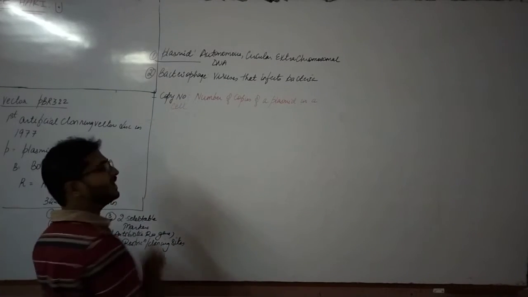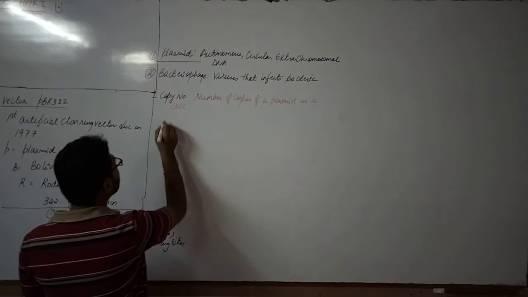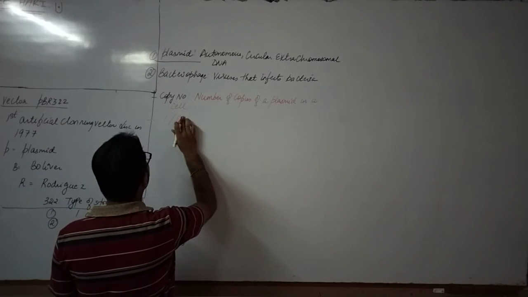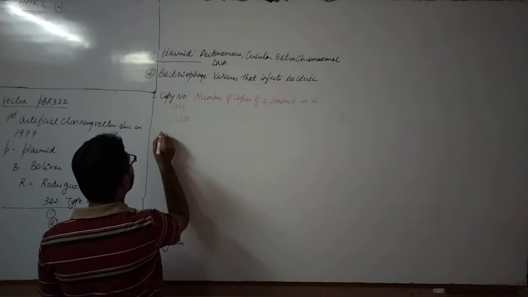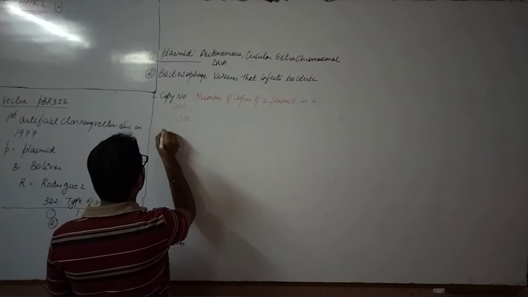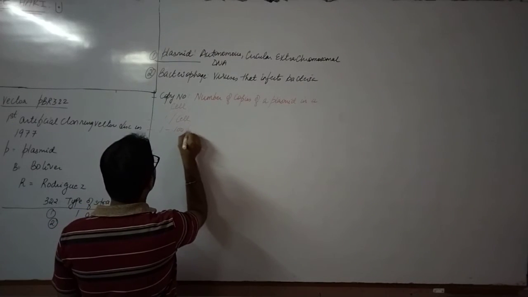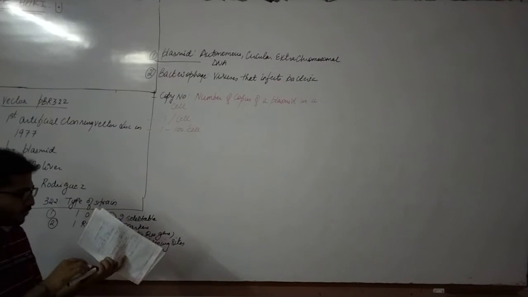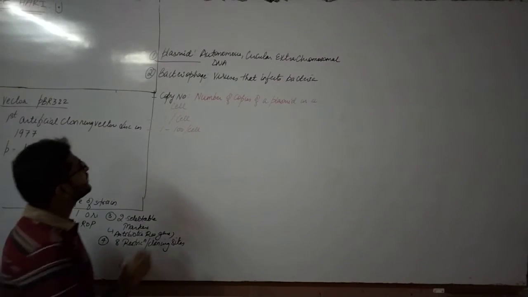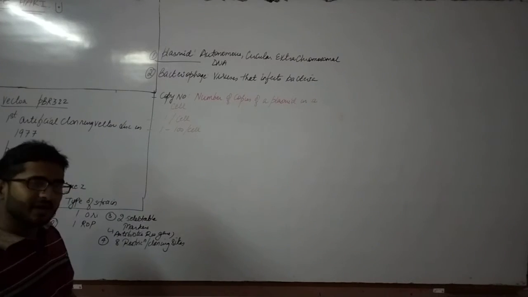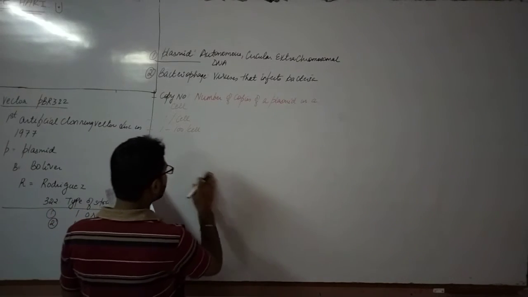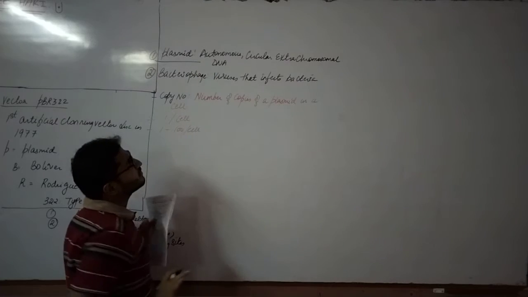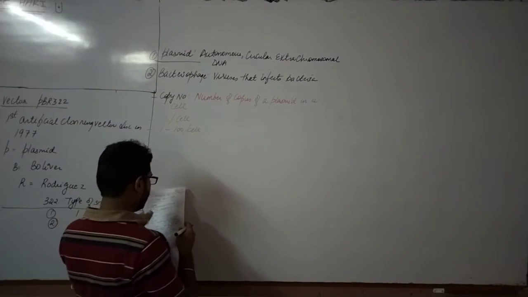Normally it is one copy per cell, but it can reach from 1 to 100 per cell at a given point of time. Now let us come back to pBR322. pBR322 is an autonomous circular extra chromosomal DNA.